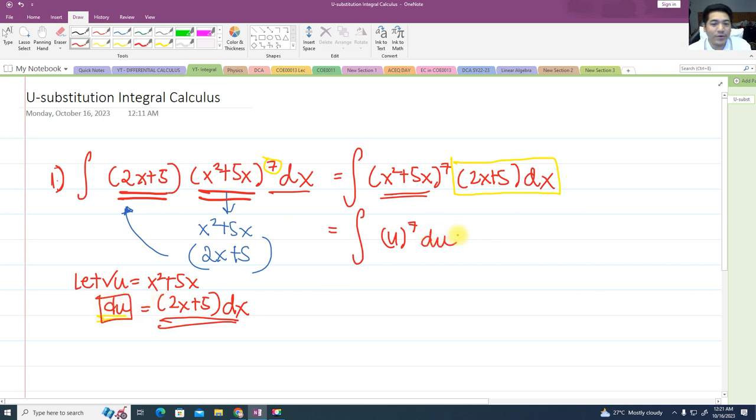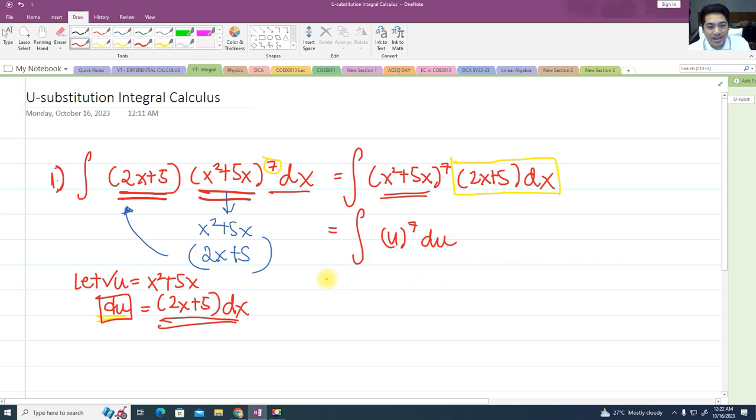So what we are seeing right now is the integral of u^7 du. We have changed the variable x into u. For what reason? For us to integrate it easily.